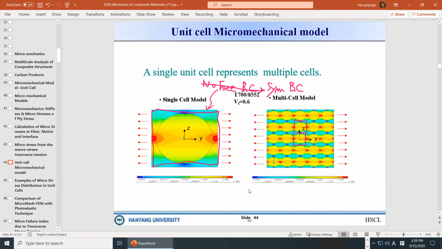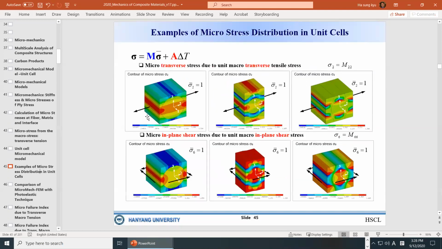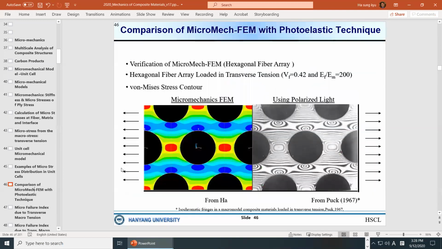Okay, so this is the concept of a unit cell, and now we can get many different types of stress amplification factor depending on the unit cell models. You can have a square, you can have a hexagonal, you can have a diamond. And we confirm the accuracy by comparing with polarized light experimental measurement.